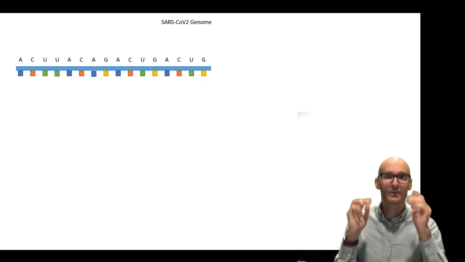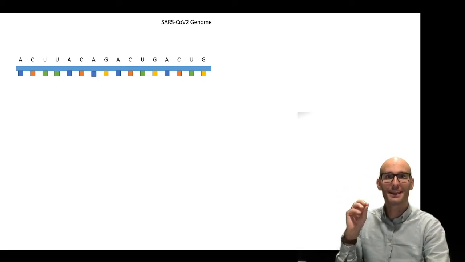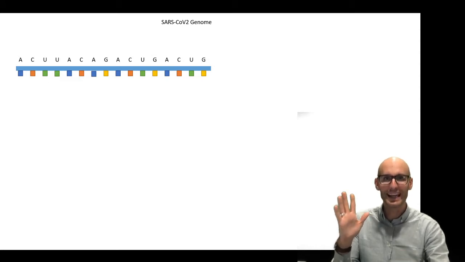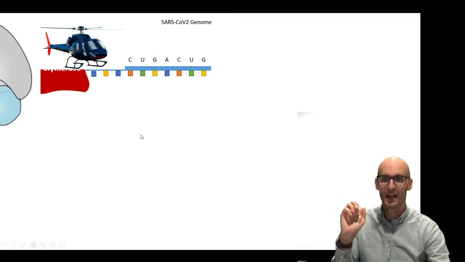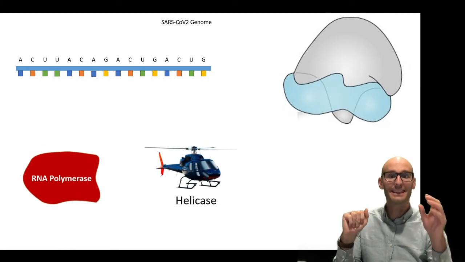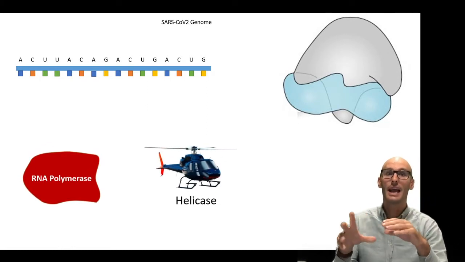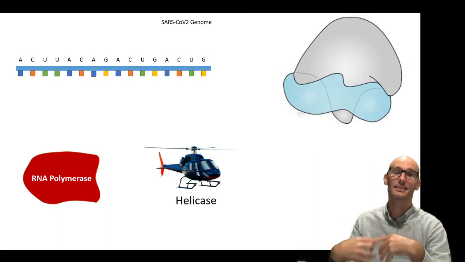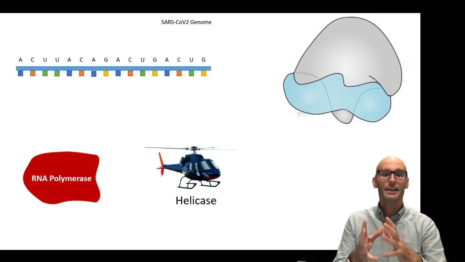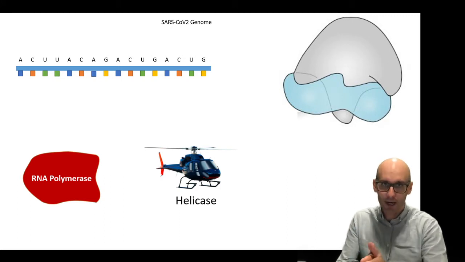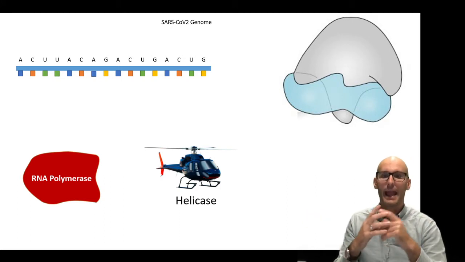What happens first? Well, the first thing that happens is it gets translated into proteins, because we need two of those proteins. The cell's ribosome, so that's our ribosome, comes along, takes the RNA and translates it into protein. And two proteins come out that are critical for what's about to happen: RNA polymerase, replicase, and helicase.